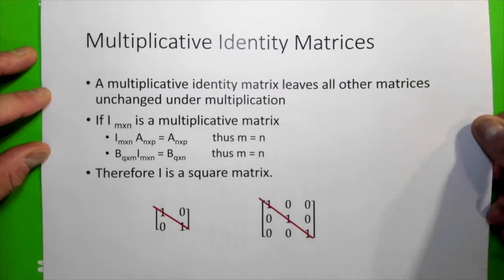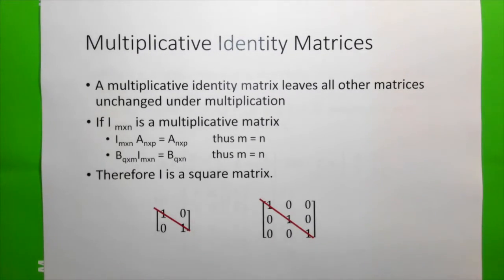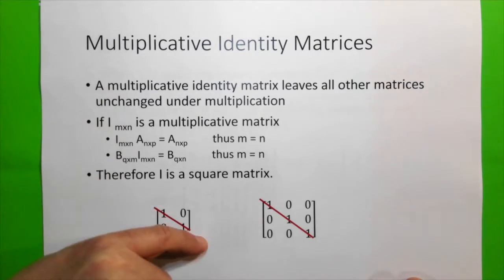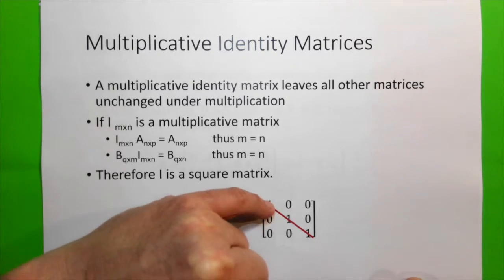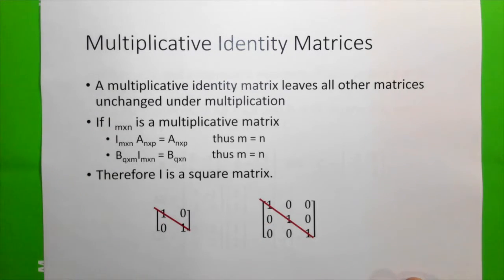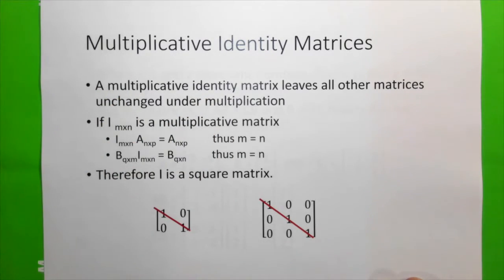Last but not the least, we are looking at multiplicative identity matrices. In this case, it's actually a square matrix with the leading diagonal of 1. The elements in the leading diagonal are 1 for a multiplicative identity matrix.